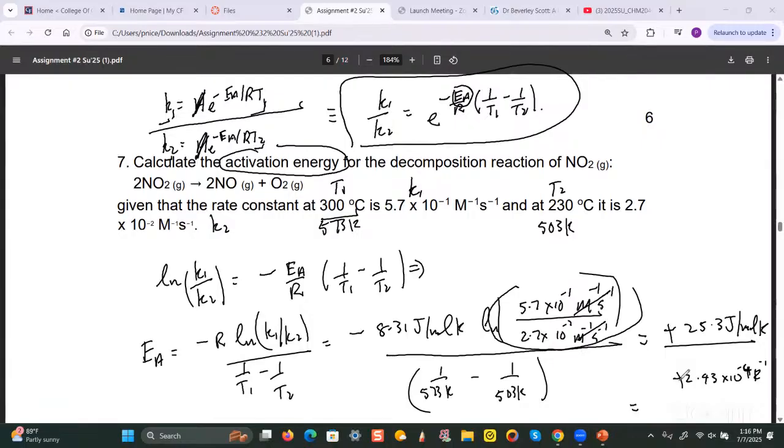And I'm going to round this to 3 sig figs. So according to my calculations, I got 1.04 times 10 to the 5. And the units here would be, well, the Kelvin units will cancel out here and here. So the units in the final answer is going to be joules per mole. And that's basically how that is done.